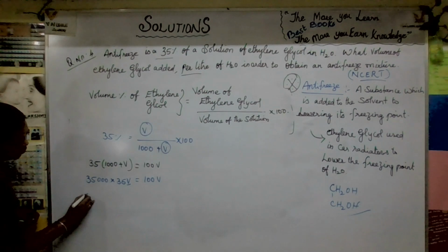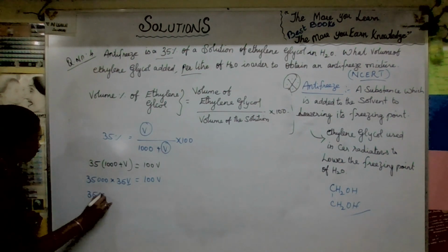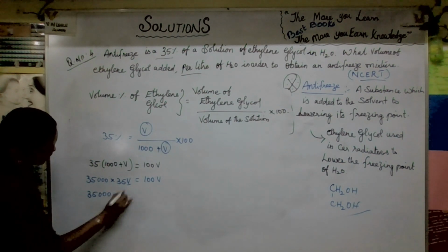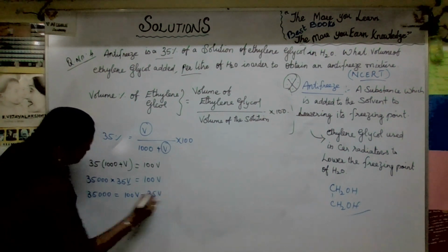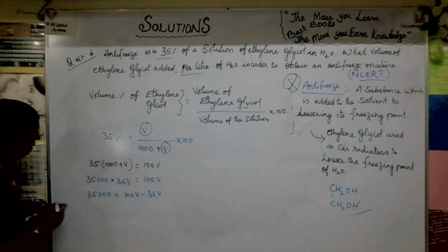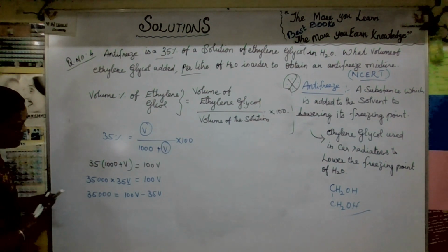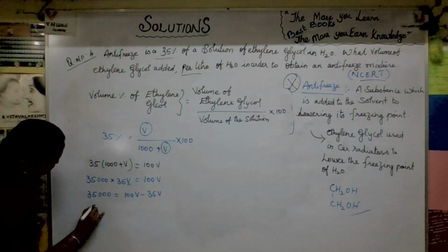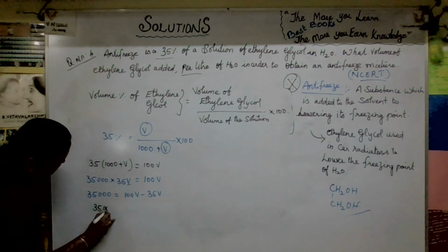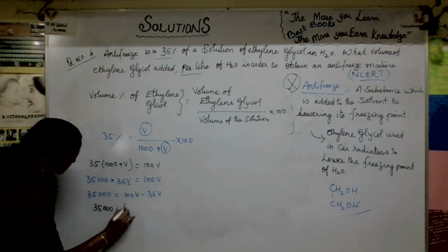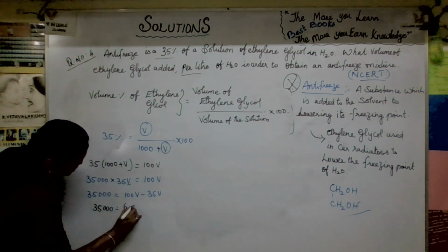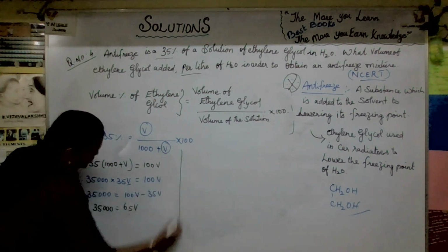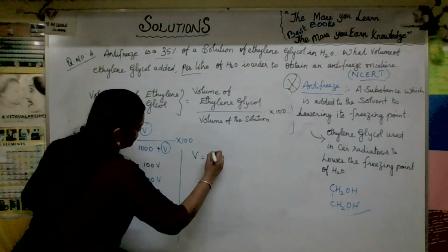Okay, now 35,000 equal to 100 V minus 35 V. We just bring it over here. So you will get 65, right? So 35,000 equal to 65 V. Therefore, volume is equal to what?